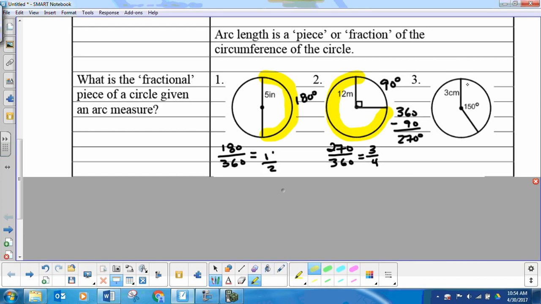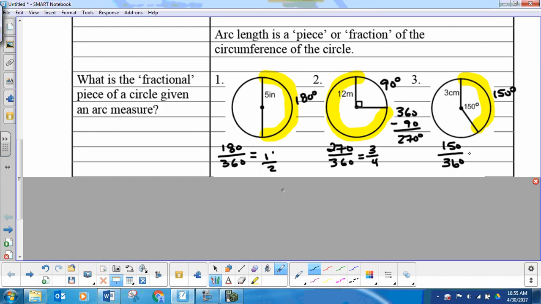Finally, I have this circle. I've got this piece that matters to me. They've given us a central angle of 150, so I know that the arc measure will be 150 as well. So the fraction of the circle that I care about, that I have highlighted, will be 150 divided by 360.